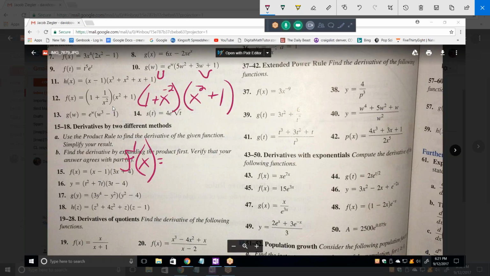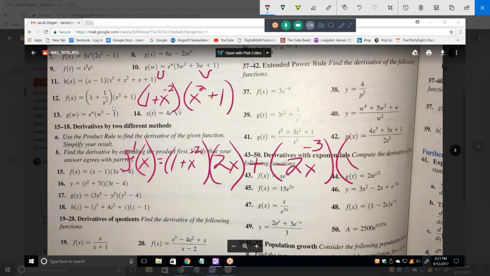So then it would be 1 plus x to the negative 2 power times 2x, plus negative 2x to the negative 3 power times x squared plus 1. Good.